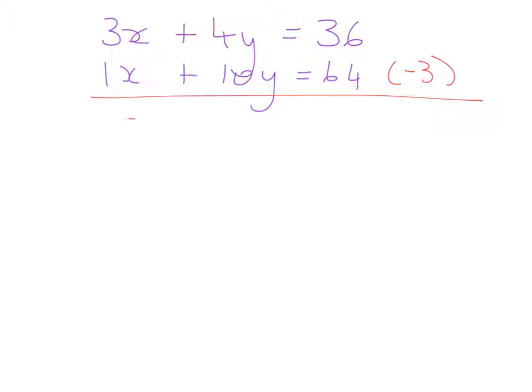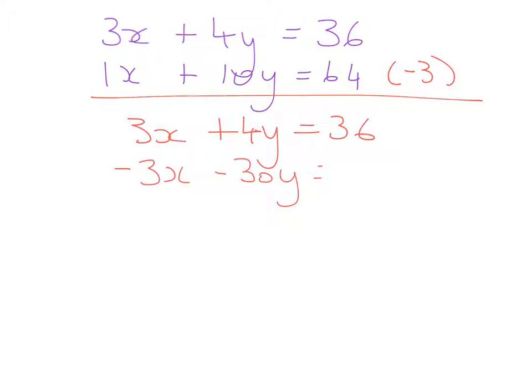So draw my line. My top line remains the same, 3x plus 4y equals 36. And my bottom line is minus 3 times 1 gives me minus 3x. Minus 3 times plus 10y gives me minus 30y.